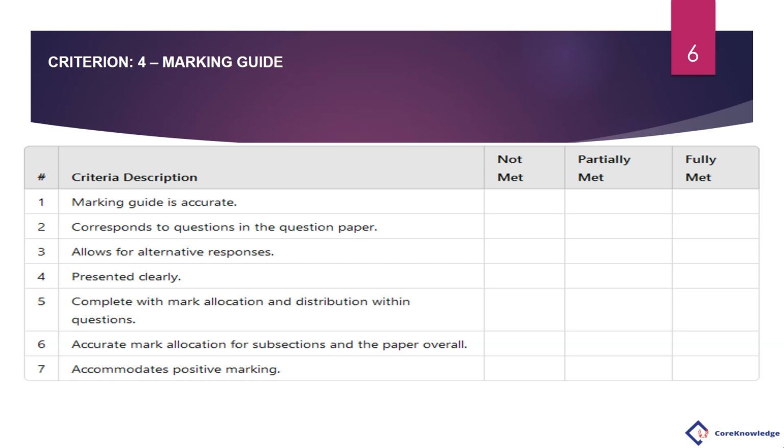Now, number three allows for alternative responses. Of course, we talked about different ways of setting the assessment. The answers should also open up, especially where you encourage creativity, or thinking outside the box, with alternative answers. So this should not always be limited to a specific way in the guide.